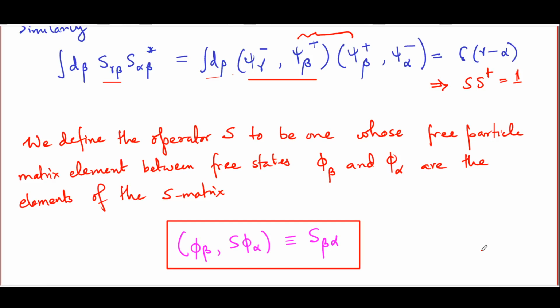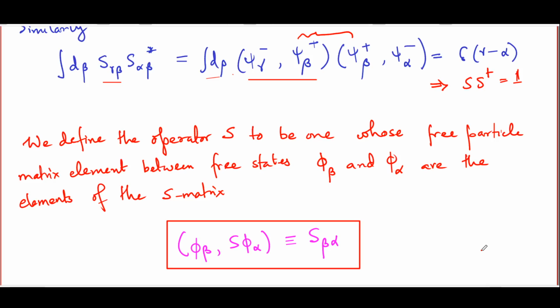When S acts on a free particle state with particle labels alpha, that is phi alpha, it produces a vector. When you take the inner product of this vector with phi beta, which is again a free particle state, an H0 eigenstate with particle content beta, the complex number that you get is equal to S beta alpha.